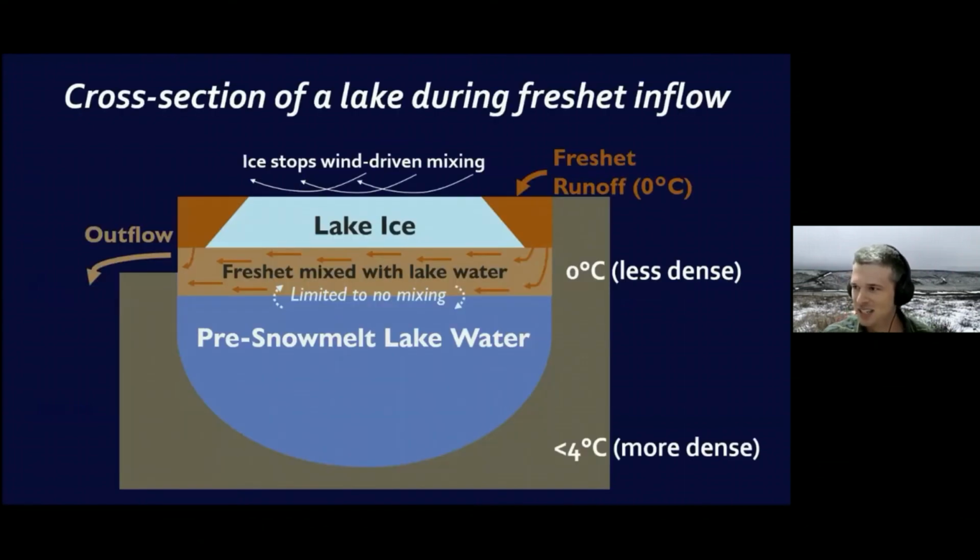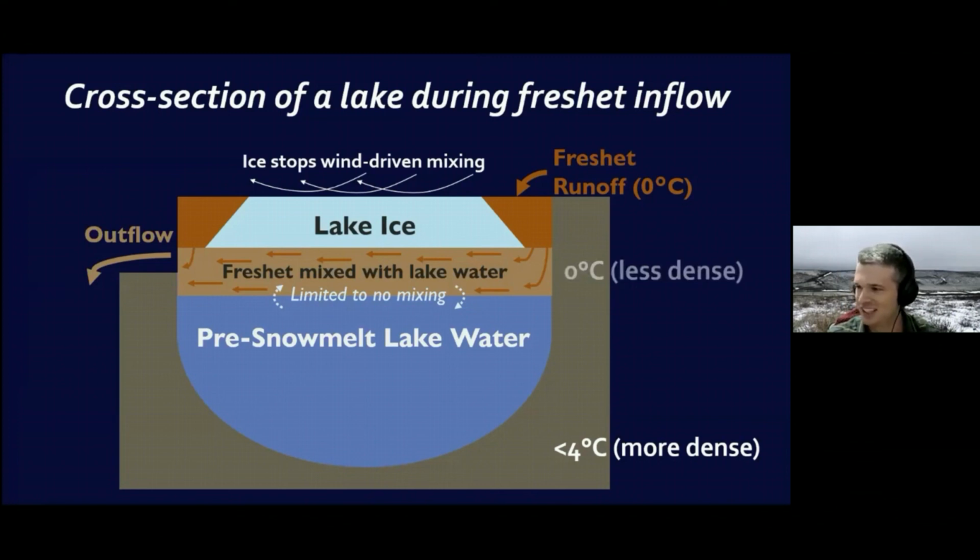So here we have a theoretical cross-section of a lake at the time of snowmelt runoff, or freshet runoff. So we have lake ice on top of the lake, and we have our freshet runoff flowing in at the edges of the lakes. And that freshet runoff is just freshly melted snow flowing over top of a frozen soil layer, so it's at 0 degrees roughly.